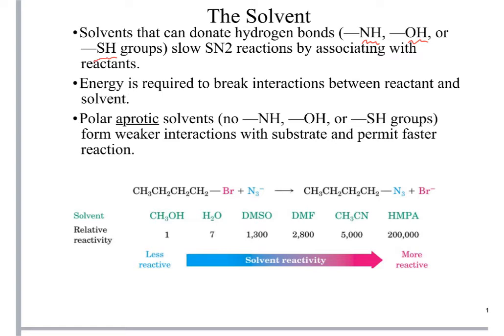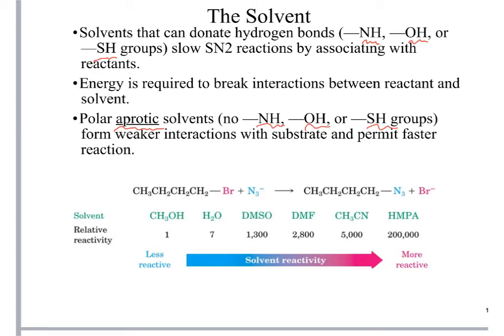Therefore, the best solvents for SN2 reaction are aprotic solvents, solvents that do not have hydrogen bonds that can be donated or associated with the reactant.